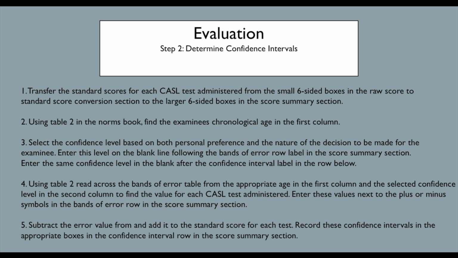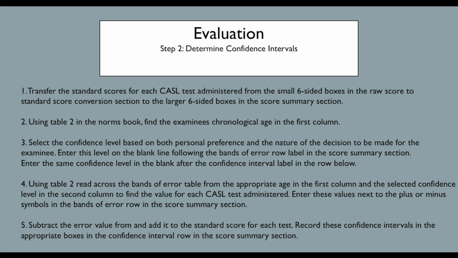Number 3, select the confidence level based on both personal preference and the nature of the decision to be made for the examinee. Enter this level on the blank line following the bands of error row labeled in the score summary section. Enter the same confidence level in the blank after the confidence interval label in the row below.